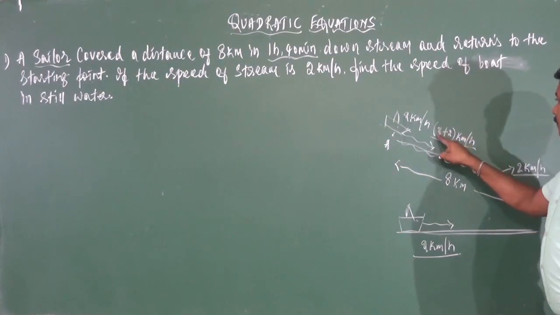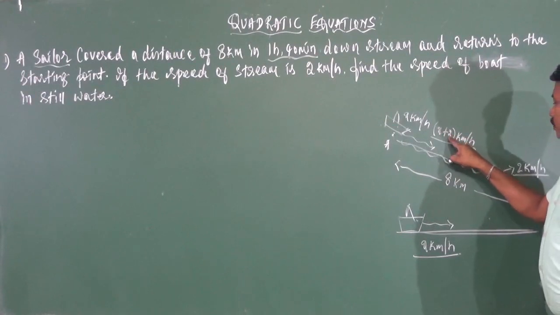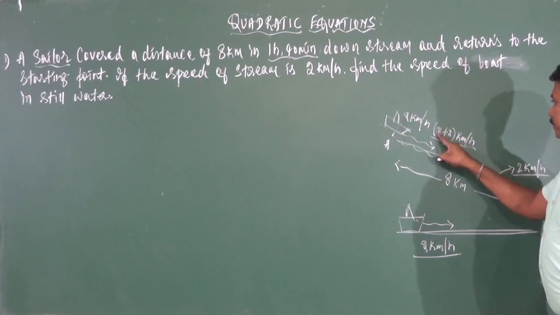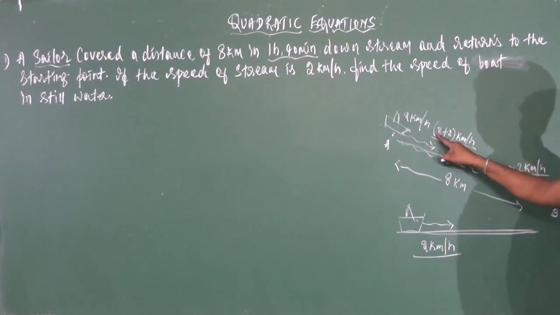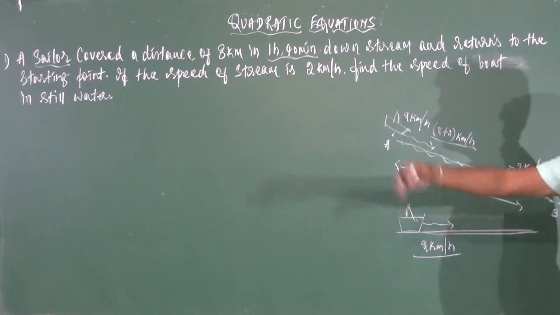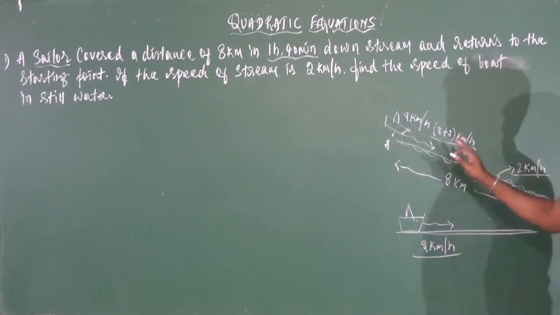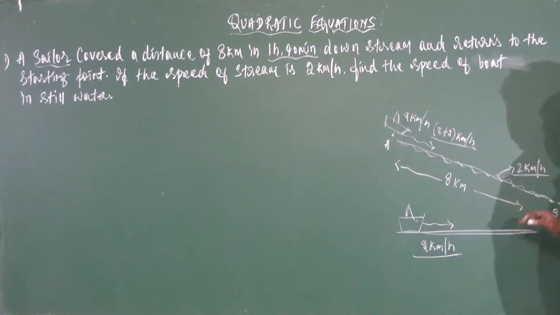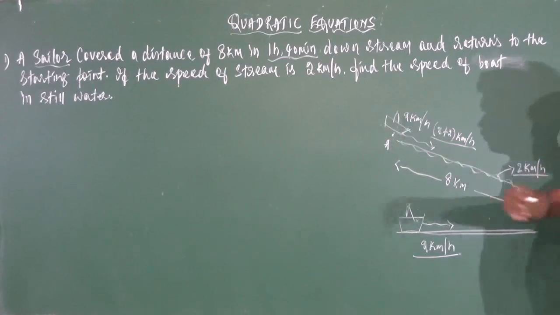So this is the original speed of the boat and this is the speed of the water. As the boat is coming down the stream, the original speed of the boat gets added to the speed of the water because the boat is moving along the direction of the water. So this is the advantage here. Now when the boat is traveling from B to A, it is traveling against the direction of flow of the water.